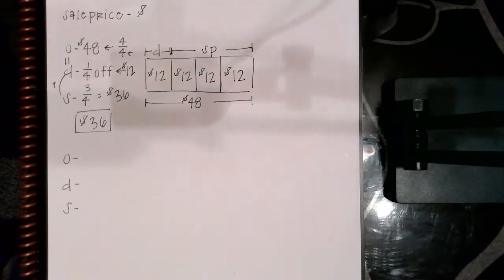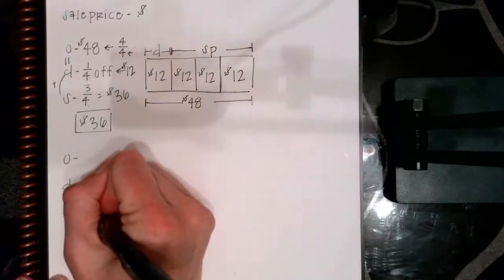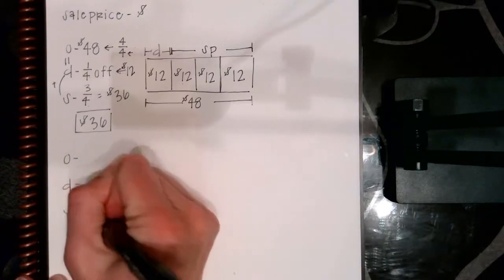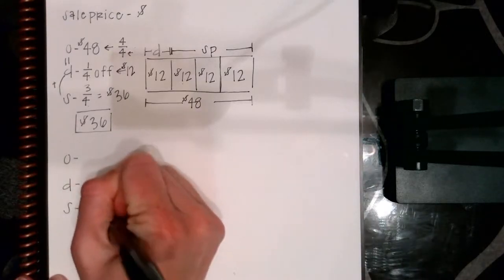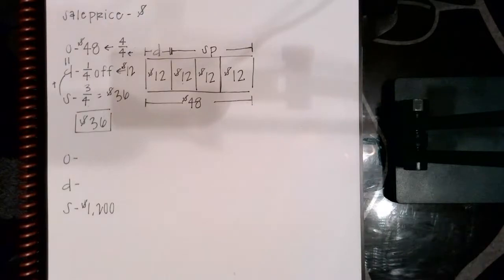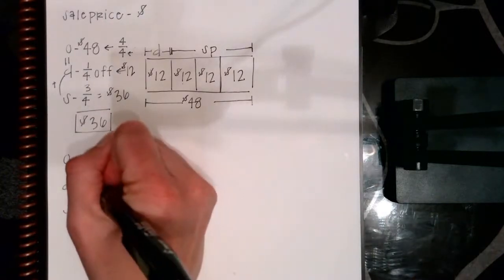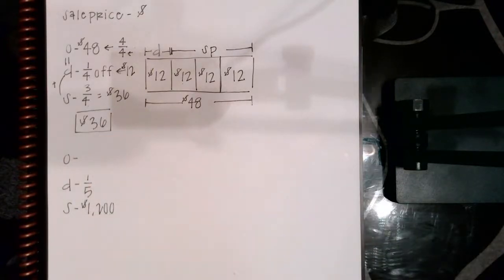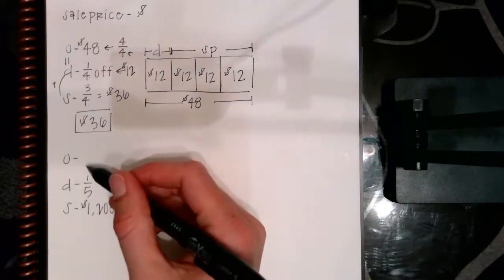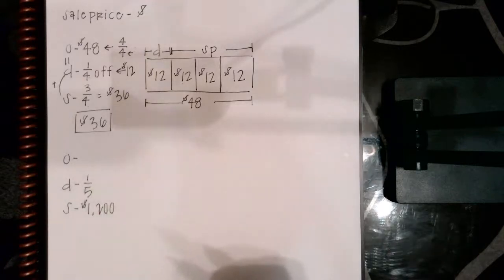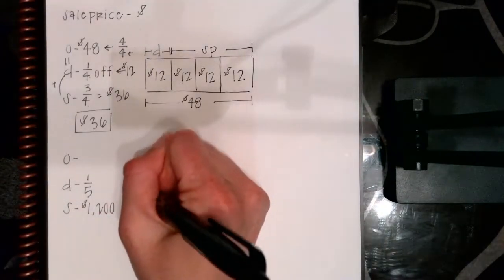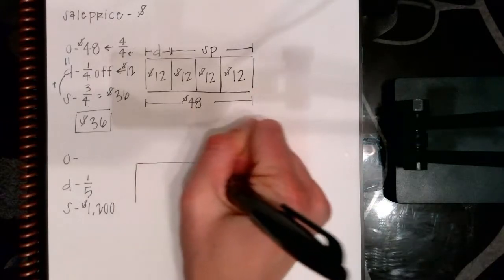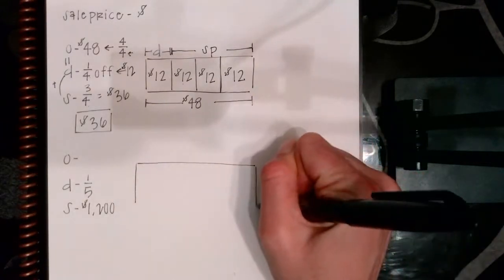This time we're buying washing machines, and the washing machine is on sale, and you're going to end up paying $1,200 after the discount of 1/5 off the original price. I don't know the original price, so I need to go ahead and find it. In order to do this, I'm going to go ahead and draw a tape diagram.